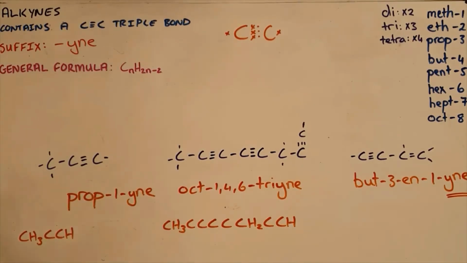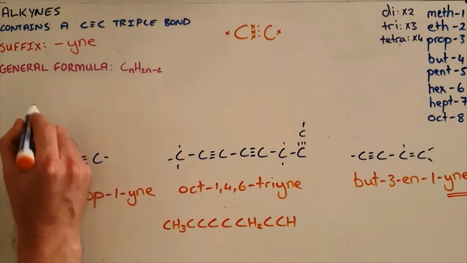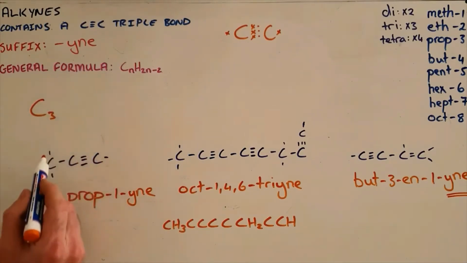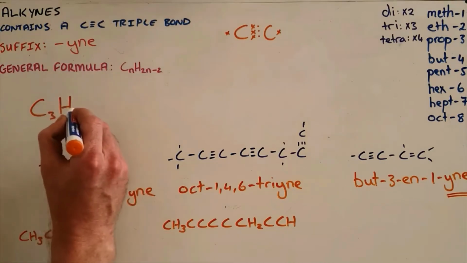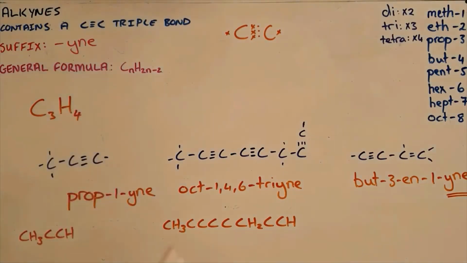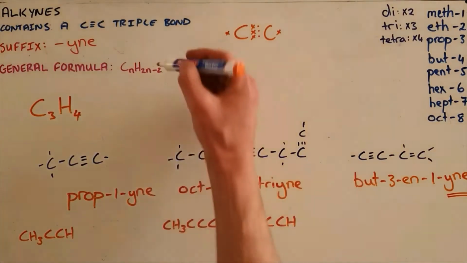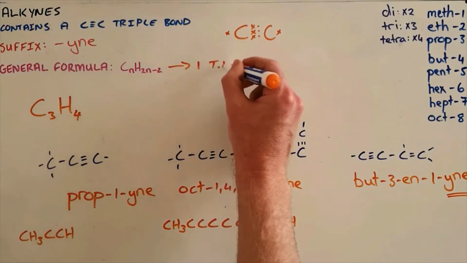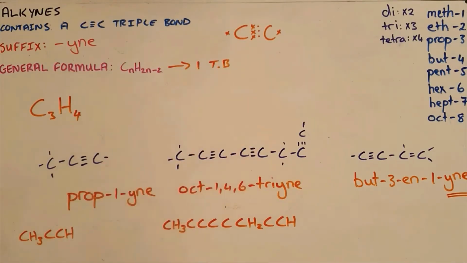We can then see that each of these alkynes subscribes to the general formula CnH2n-2 by looking at prop-1-yne, seeing that that contains 3 carbons and 1, 2, 3, 4 hydrogens, C3H4, and this molecule over here would not necessarily subscribe to this formula because this formula applies when there is only 1 triple bond, and here there are 3 triple bonds, so this general formula only applies in cases where there is 1 triple bond present.